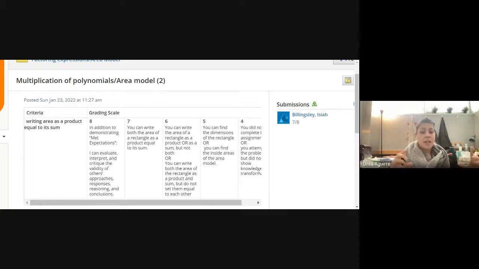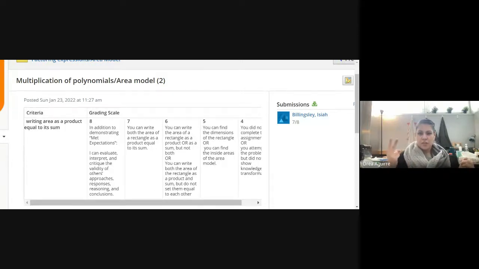And I think that in itself, I know from the way that math has been shifting over the years, it's really about them being able to explain how they got there. And so you might want to make that its own category, whereas the rest of your criteria are based off of, can they correctly answer the question?